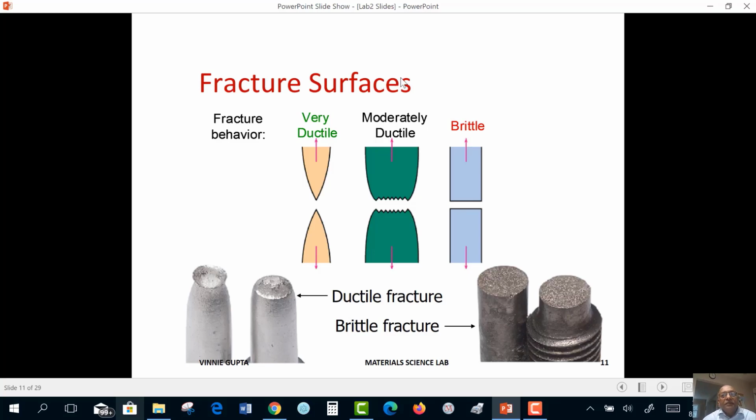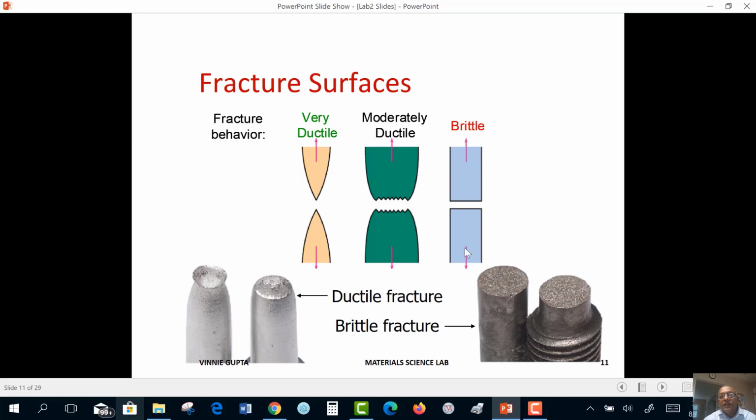When they fracture, suppose we started with a circular cross-section specimen. When the material is very ductile, it is going to grow this dark neck. In a ductile fracture, we will see this cup cone fracture. These lips are at almost 45 degrees.